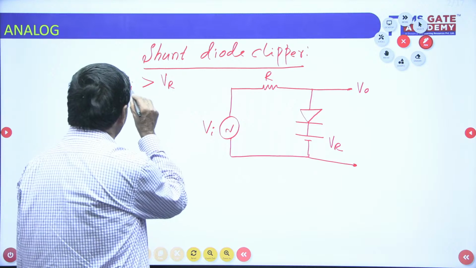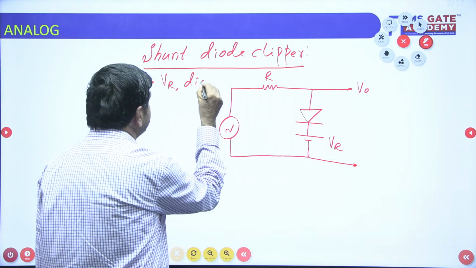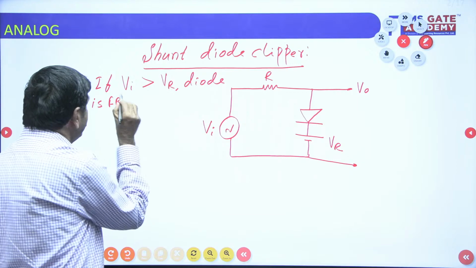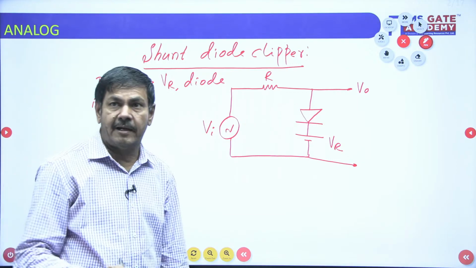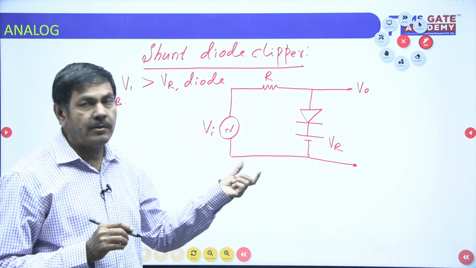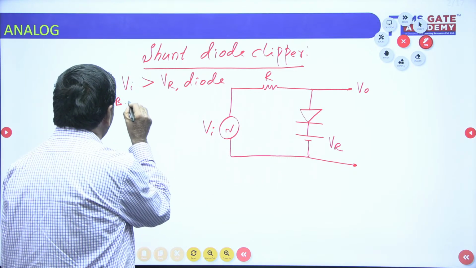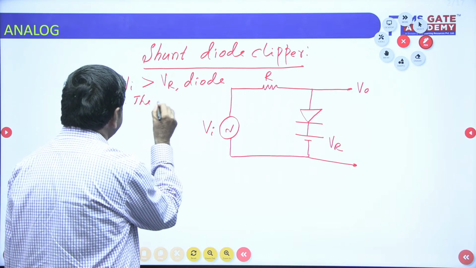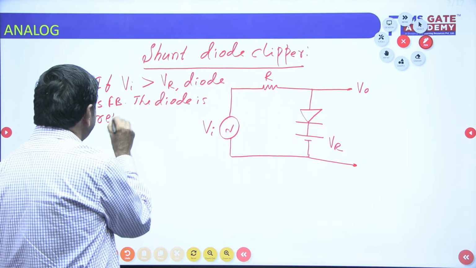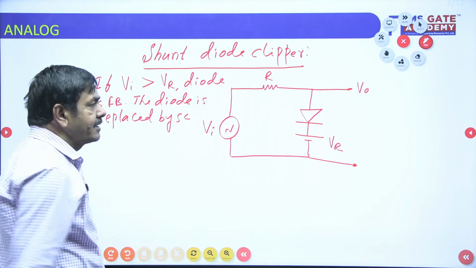So when Vi is greater than Vr, the ideal diode is forward biased. If the diode is forward biased, it must be replaced directly by a short circuit. Wherever you get a diode, you can short circuit it. The forward biased diode is replaced by a short circuit.